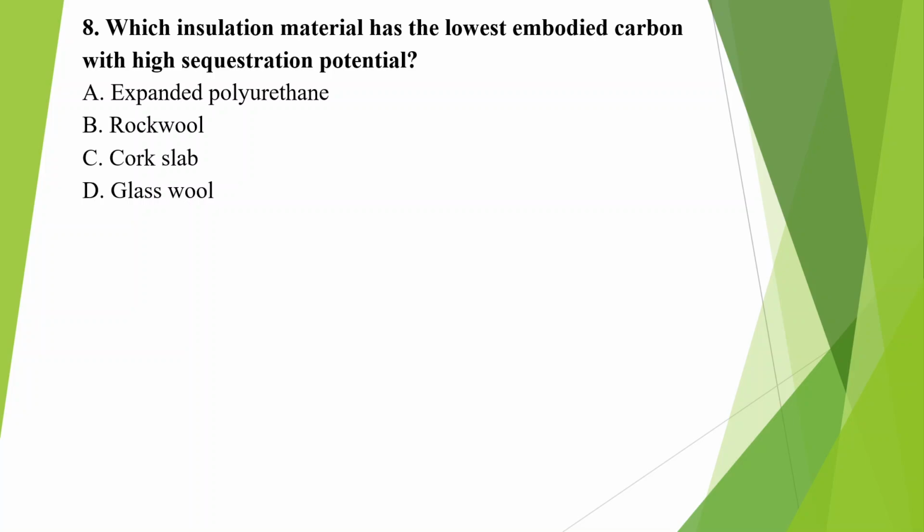And the other materials mentioned, expanded polyurethane or glass wool, are high carbon synthetic insulations. So if a question asks about high carbon synthetic insulation materials, then you will have to mark polyurethane or glass wool. But since it is asking only about low carbon, cork slab is the correct answer for this question.